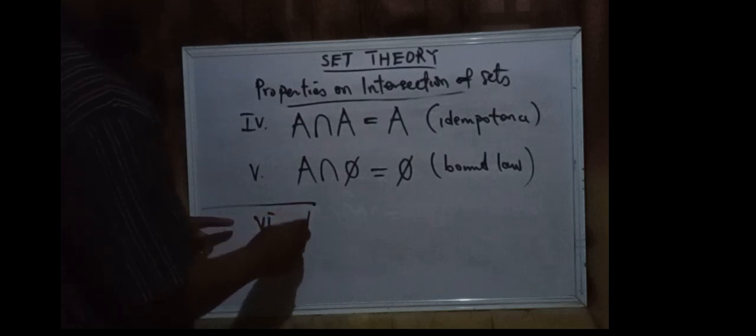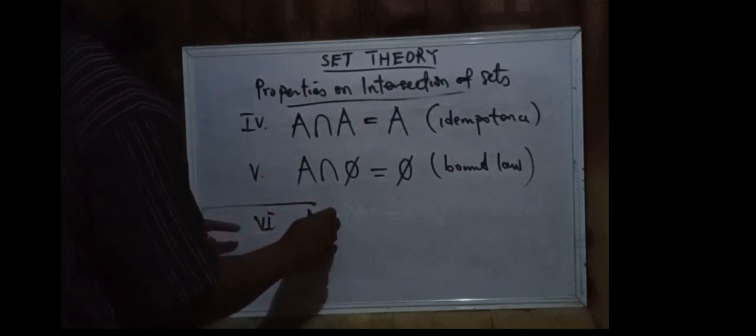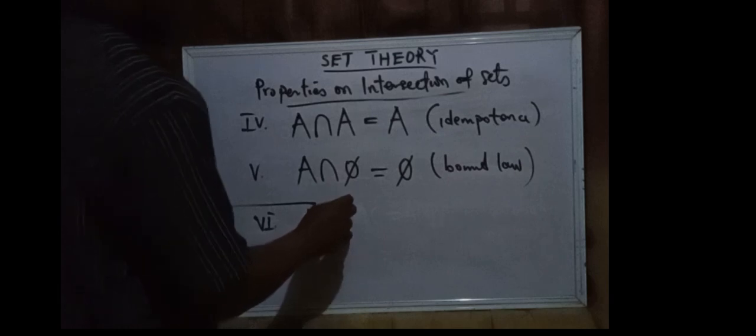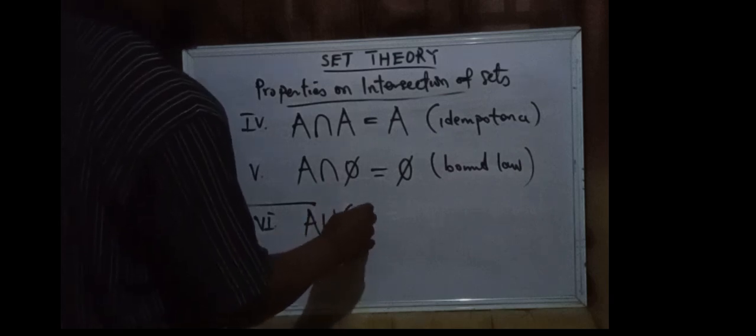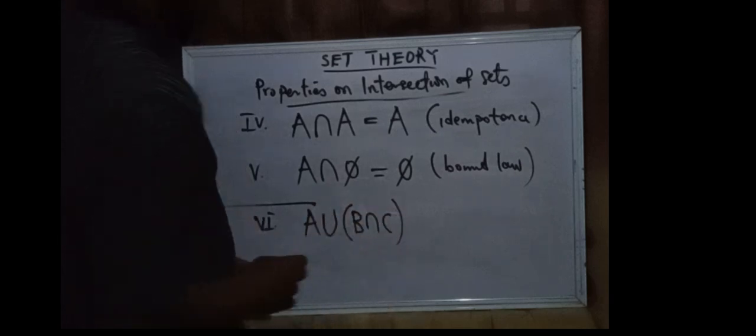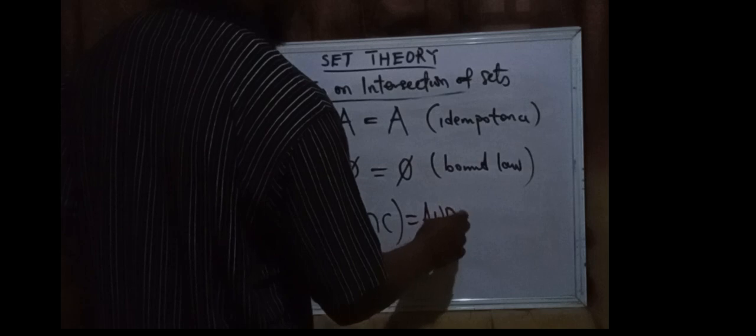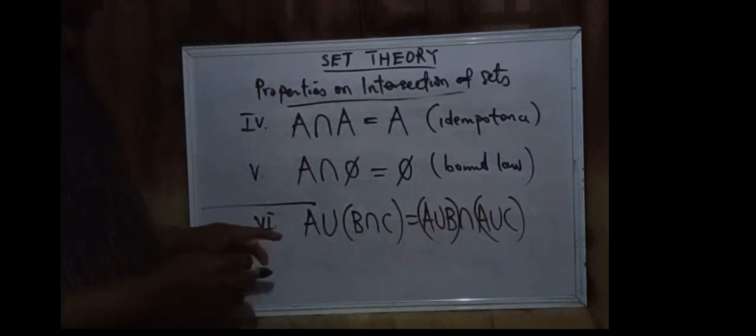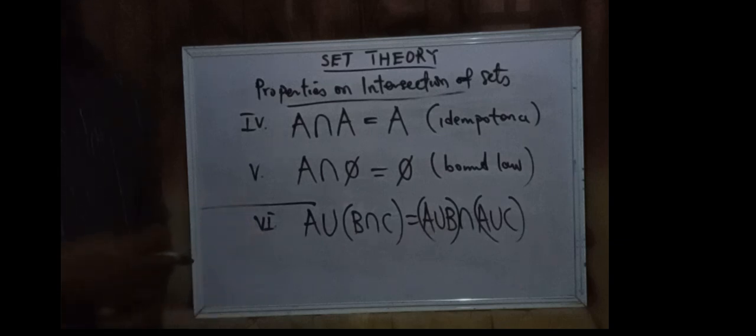In this case, we'll consider three sets. A union B intersection C will be equal to A union B intersection A union C. We refer to this as the distributive law.